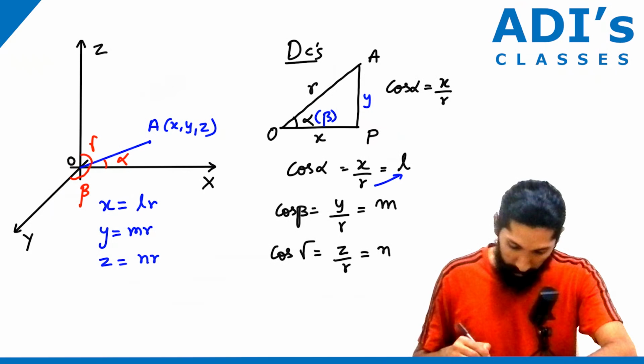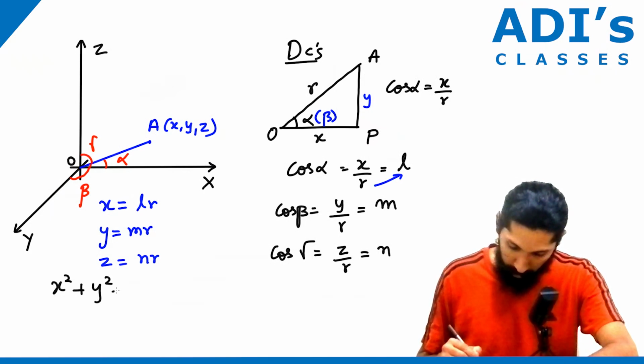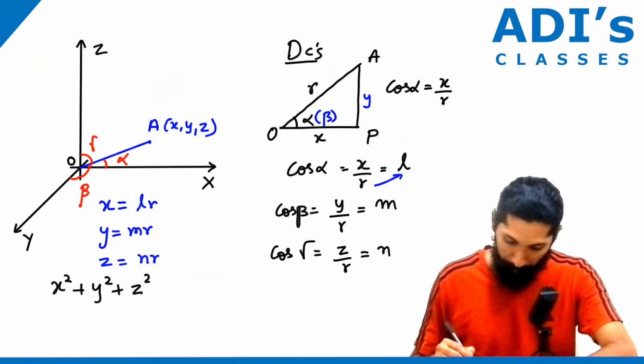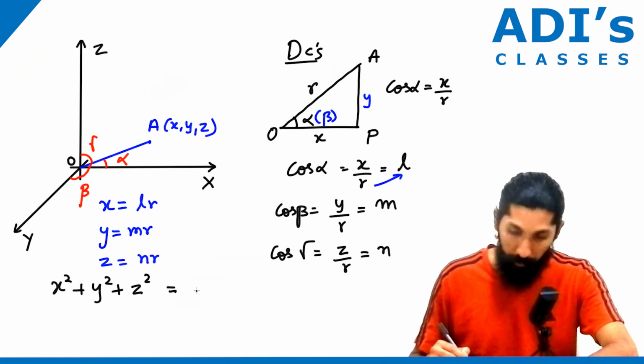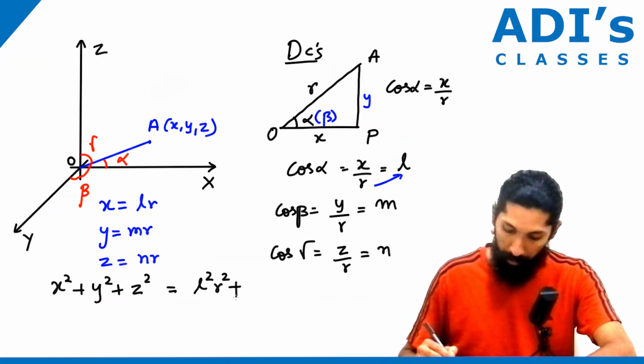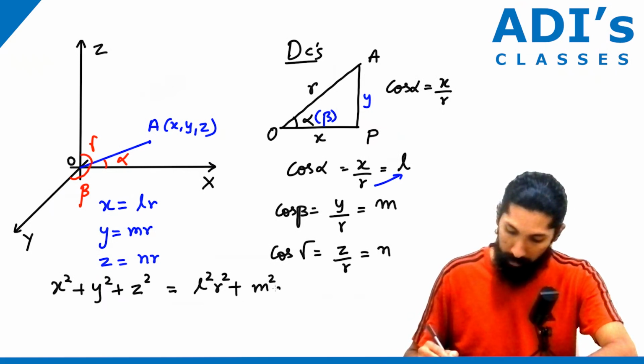When you square and add, that means we are doing X square plus Y square plus Z square. What do we get? L square R square plus M square R square plus N square R square.